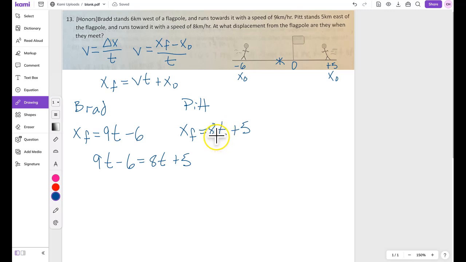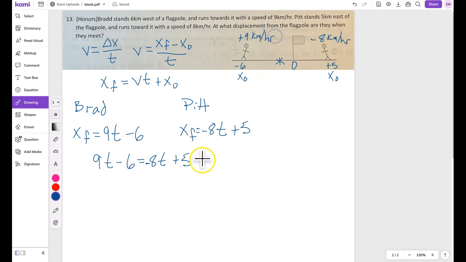And because Pitt's going to the left, we need to put in, for Pitt, a negative speed. So that's negative 8. If you're going to the right, it's positive, and because this person's going left, their speed is actually negative 8 kilometers per hour, and this one is positive 9 kilometers per hour.